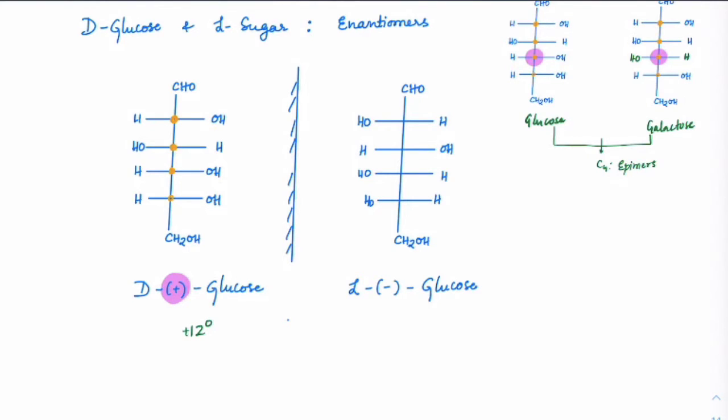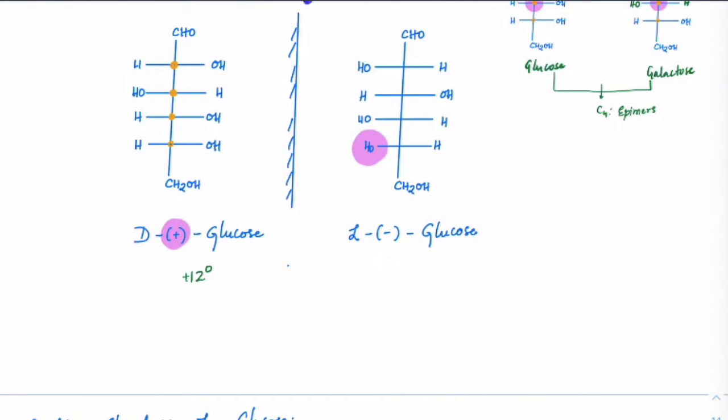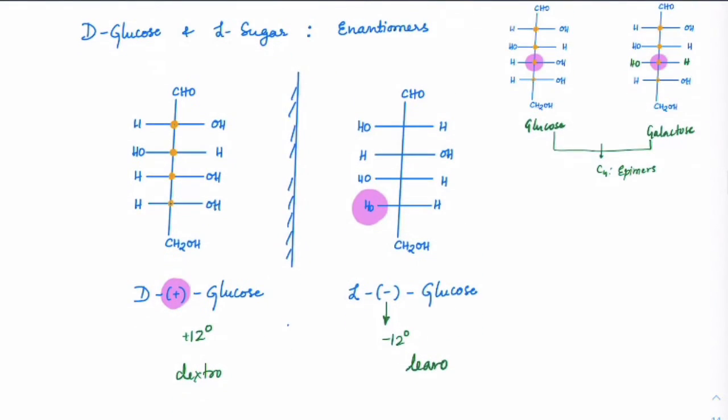Then its mirror image is called L-glucose, correct? And this L is because of this OH placed on the left hand side. Remember that it has nothing to do with observed specific rotation. Its specific rotation, if it is negative, means it is levo rotation. So here it will be minus 12 degrees. So this is dextro rotatory and levo rotatory glucose, correct?